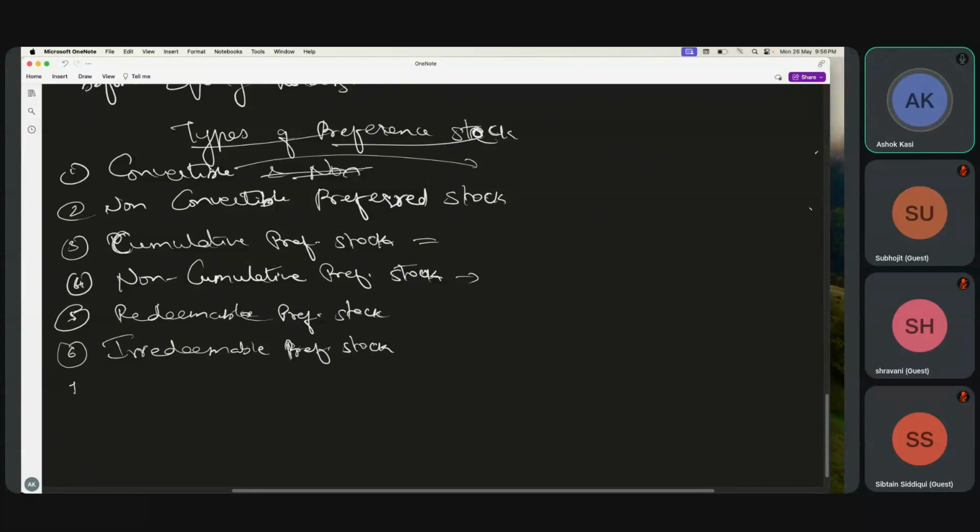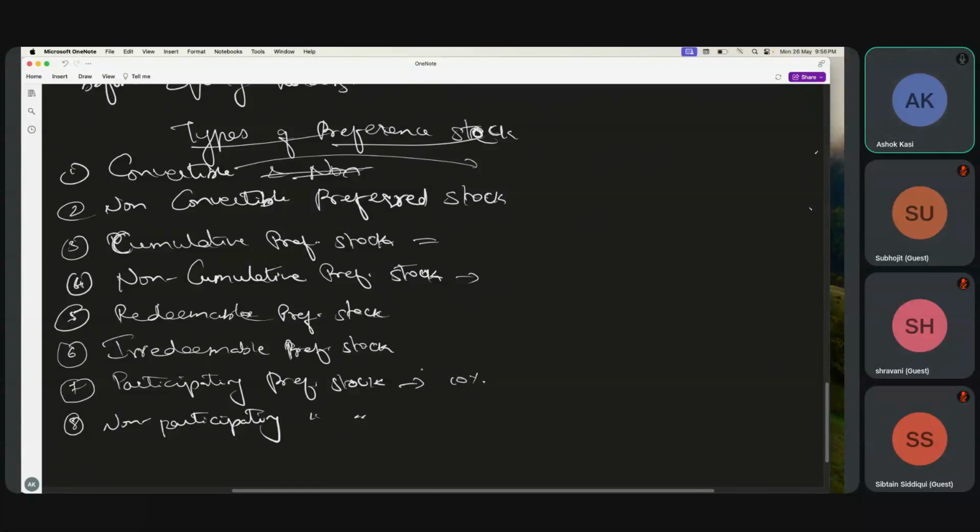Then participating and non-participating preferred stock. Participating means they are going to pay you, let's say, 10% dividend, plus they will also pay you 1% more if the company exceeds so and so profits.